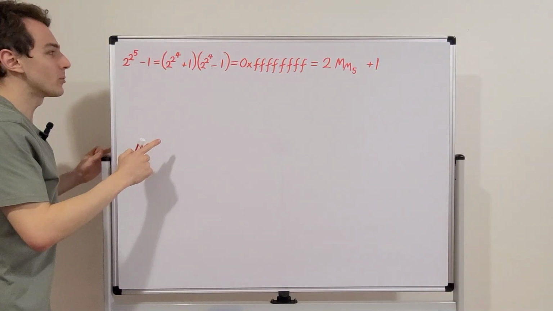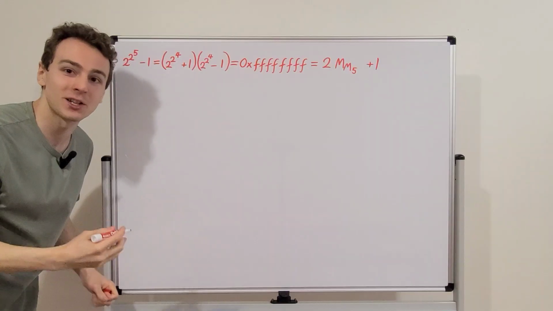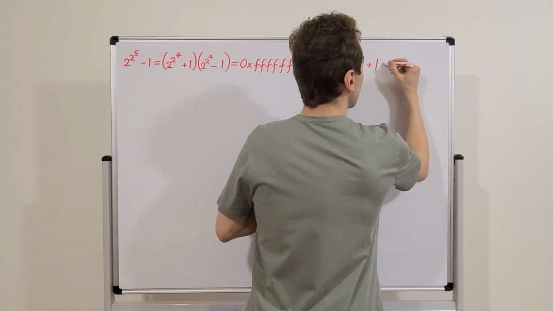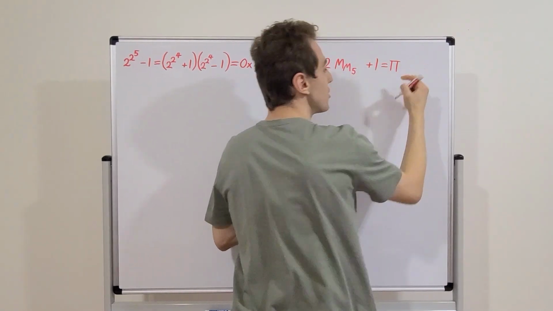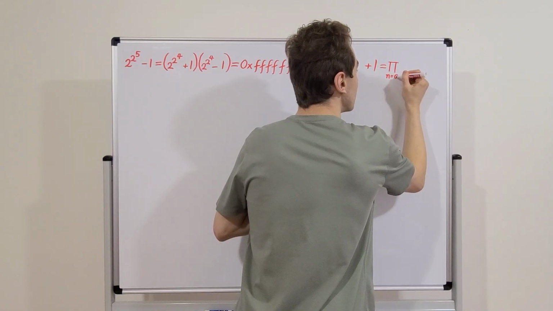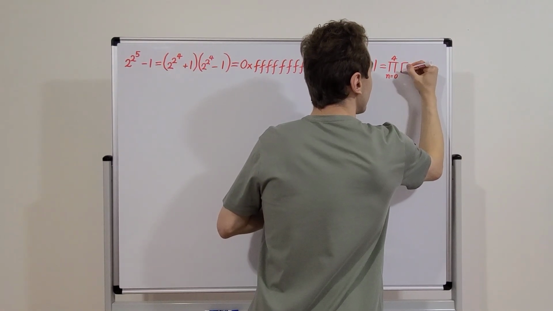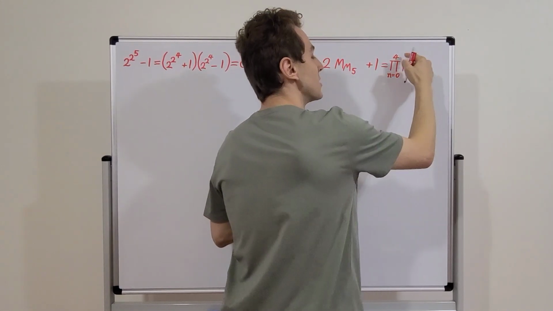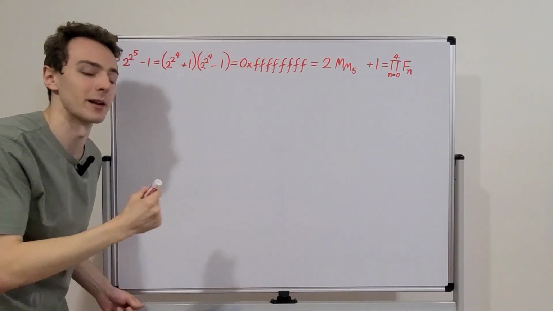And another way that we can represent this quantity is with its prime factorization. And this prime factorization can be written as the product, we're going to use pi notation for the product, over the index n going from 0 to 4, of F sub n. So this notation is referring to Fermat primes.